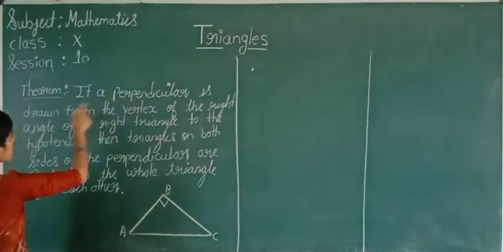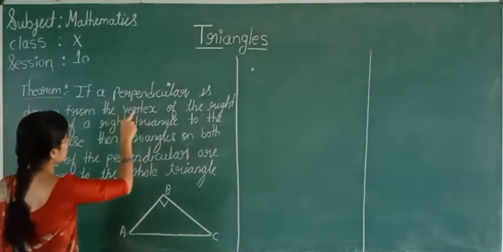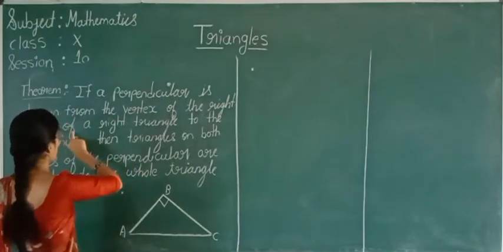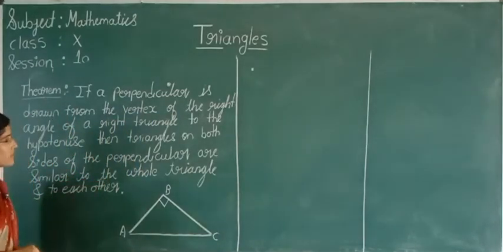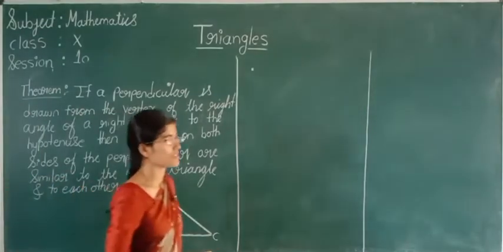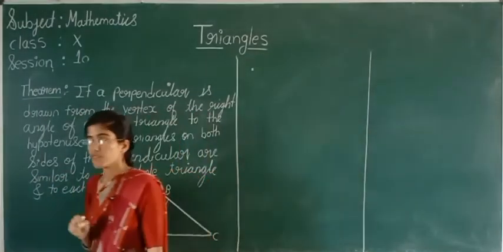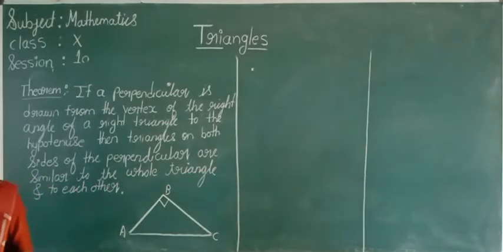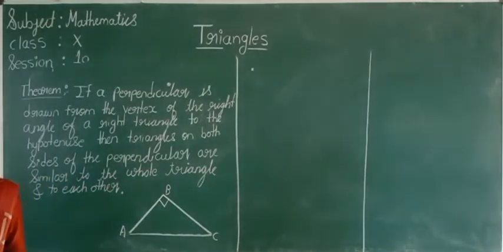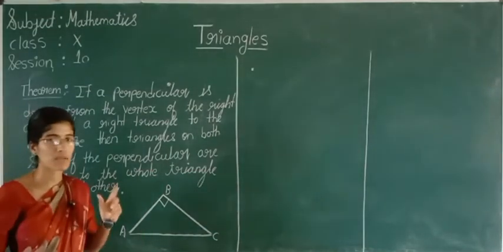See, if a perpendicular is drawn from the vertex of the right angle of a right triangle to the hypotenuse. See here, in 9th standard you have learnt, we used to write the Pythagoras theorem, right? Only the statement we used to write.